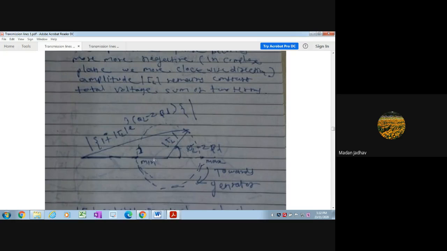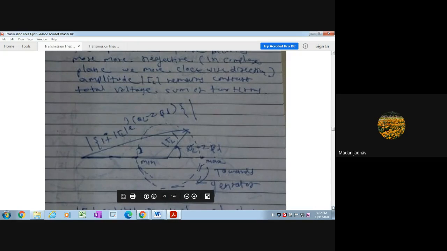That is, this is one vector, this is another vector. Now this vector direction is changing with respect to L, and therefore the resultant magnitude is also changing. Therefore, you will get the maximum and minimum voltage along the length of the transmission line.